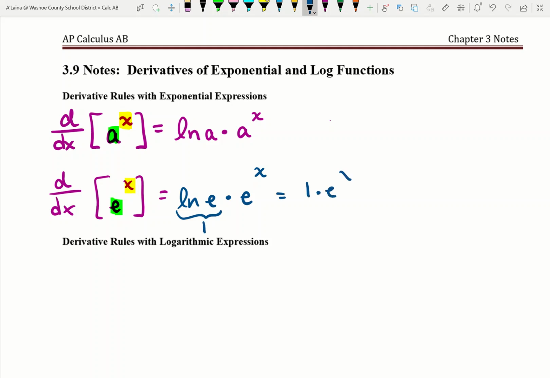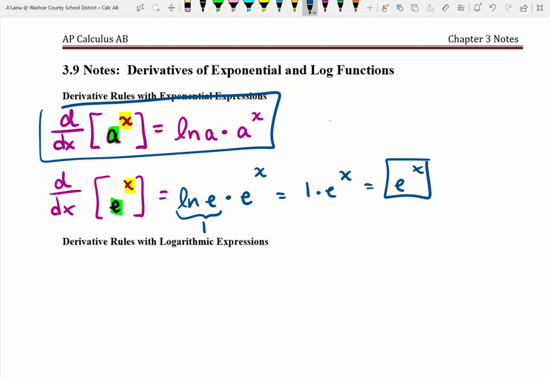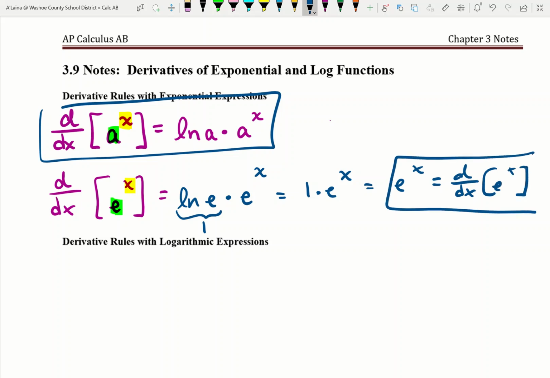This is why you have already seen this pattern: the derivative of e to the x is e to the x. So e to the x is its own derivative. Basically, at any x coordinate, the slope is exactly the same value as the output for e to the x, which is kind of a cool thing to think about.